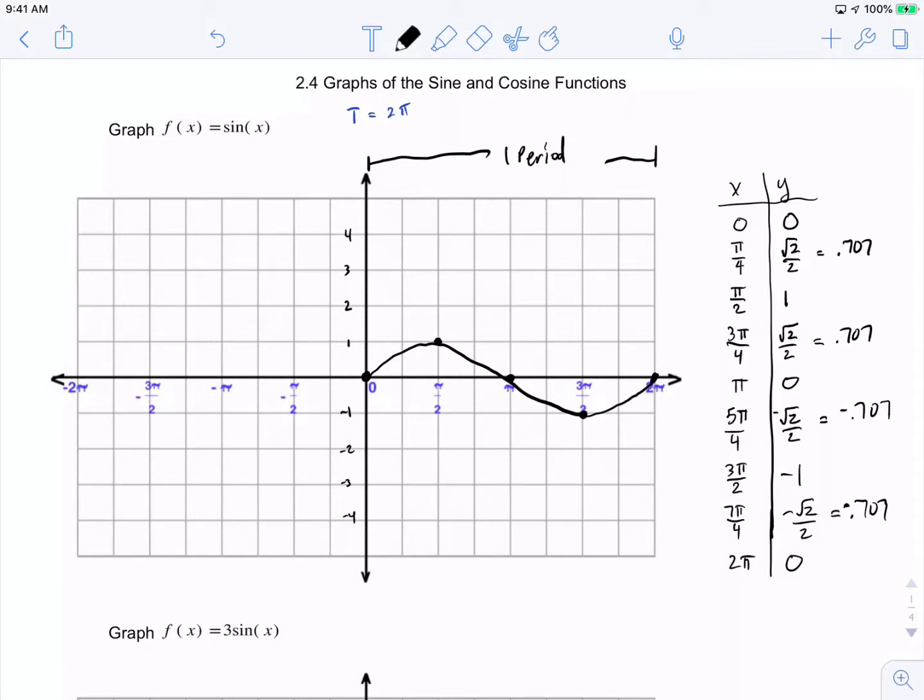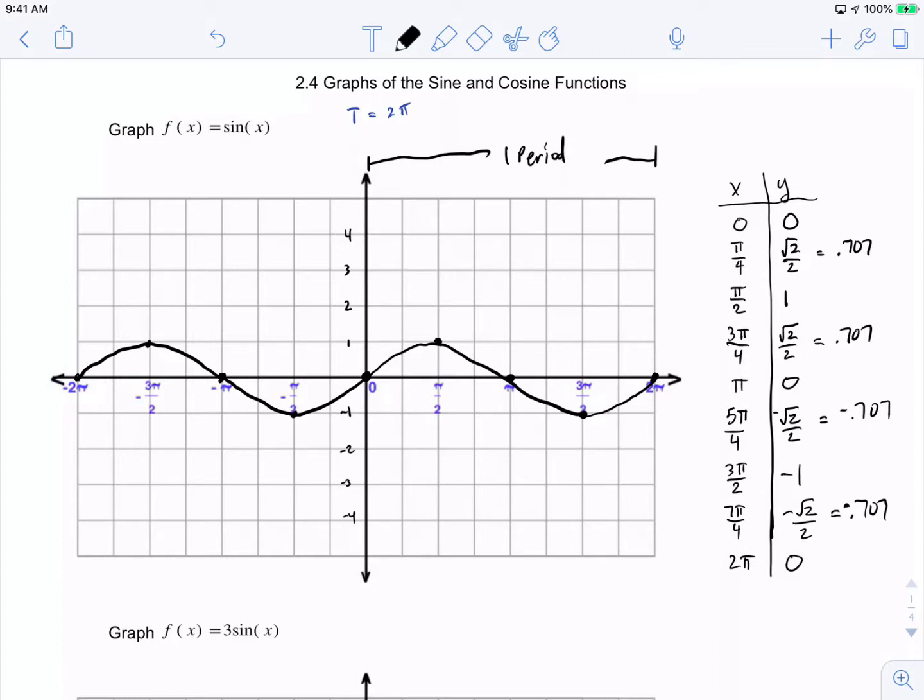Now, because obviously sine doesn't stop there, and it is an odd function, we know that this thing's going to have points that go like this on the other side. And so this thing's going to go down and then up and then back down.